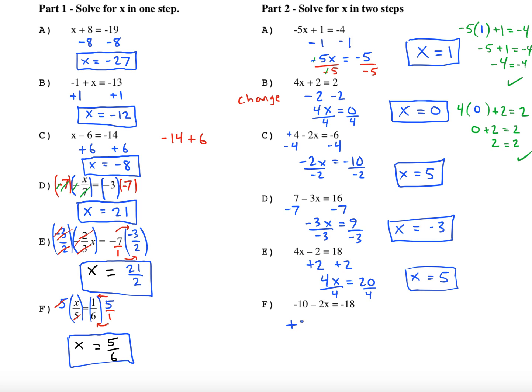Let's undo that by adding 10. It's got to be the opposite. Now they cancel. The negative sign belongs with the 2, so we keep it with the 2. X equals 4.